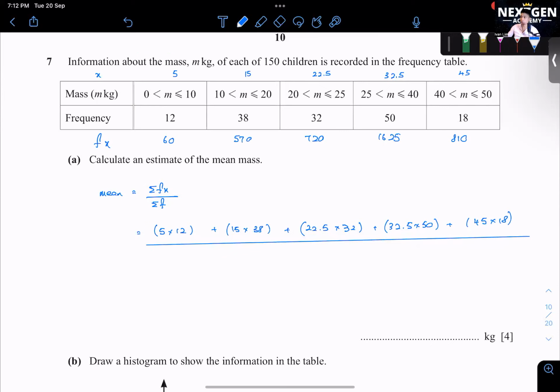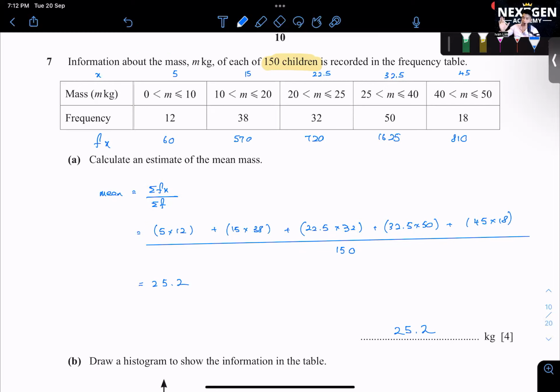And over your total, which is 150. 150 is already given to you here, which is the same if you add all these up. Your answer here is 25.2. Double, triple check this. This one is all just formula only. We just need to fit into the formula. That's how we get the marks.